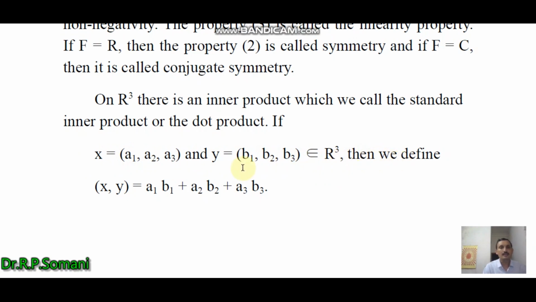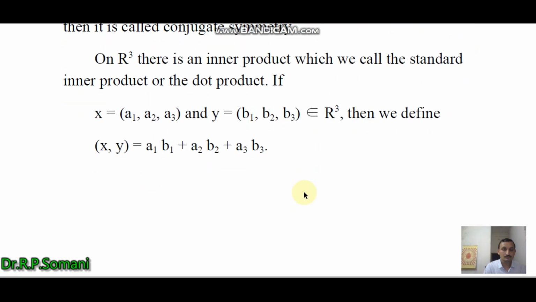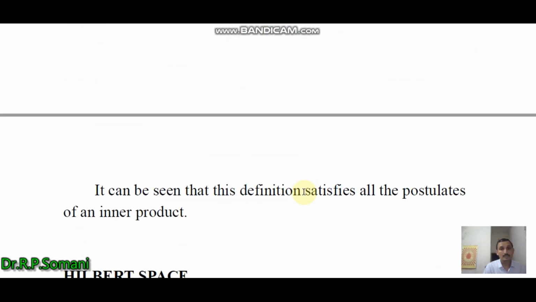Then we define the inner product of x and y as a1 b1 plus a2 b2 plus a3 b3. It can be seen that this definition satisfies all the postulates of an inner product. Therefore, R3 is an inner product space.